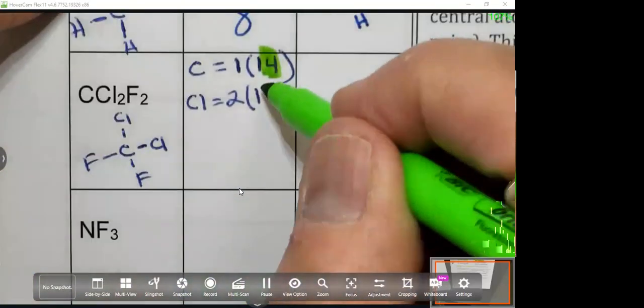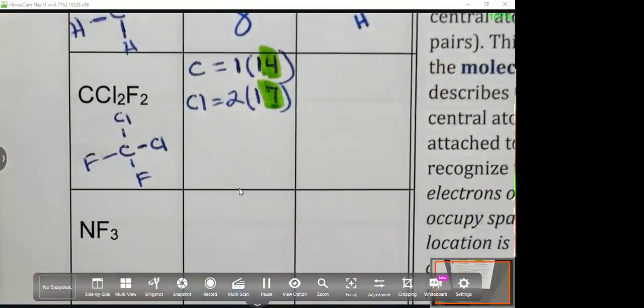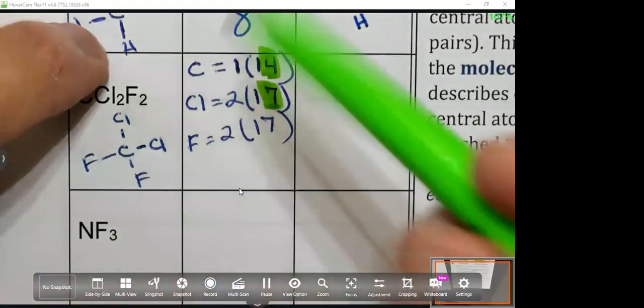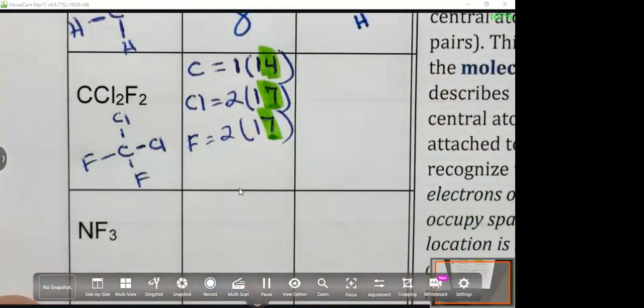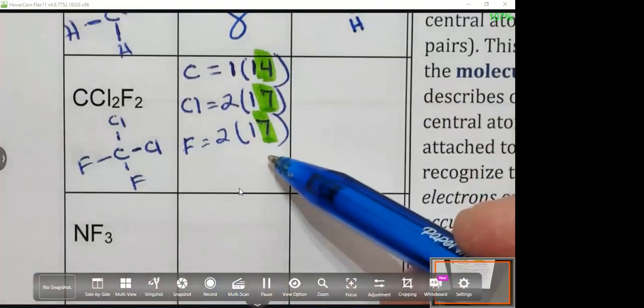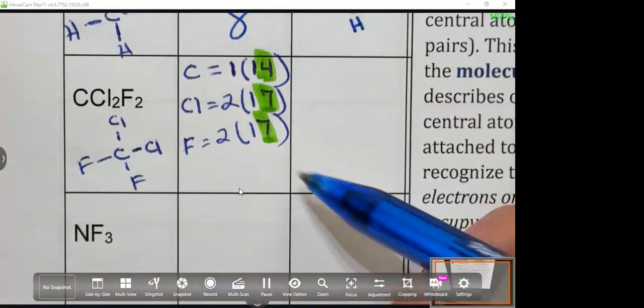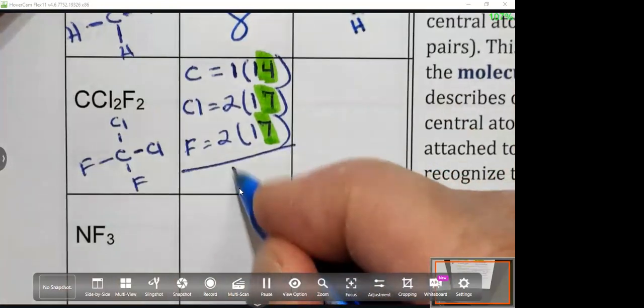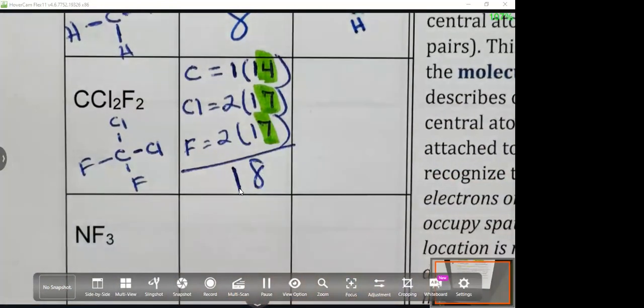So how many valence electrons? 7. Fluorine is 2 fluorines in group 17 as well. And I'm not going to do this again, but realize we're doing the ones place, right? We're doing the ones place matches the valence electrons. So I've got 14 and 4, 18 valence electrons. That is step number 2.